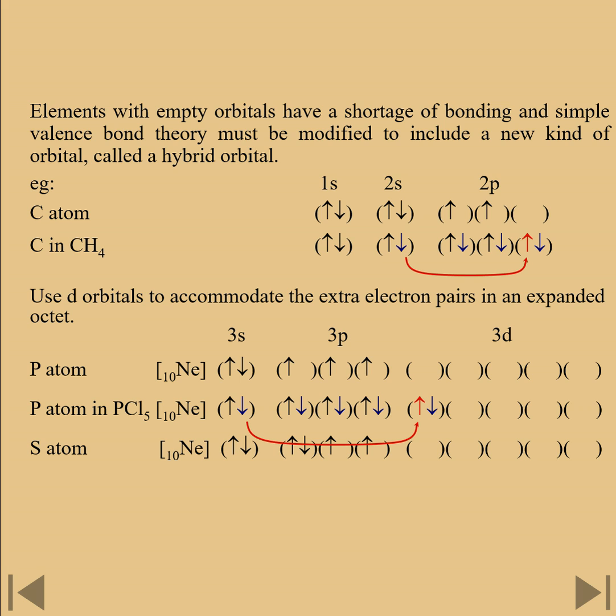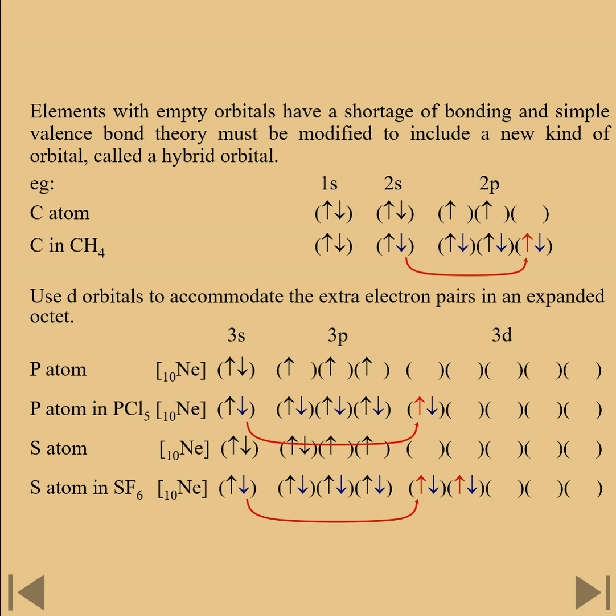Okay, let's look at the sulfur atom. There's the orbital box diagram for the sulfur atom. We see the 2 unshared pairs in the 3p, so we already are thinking it wants to form 2 bonds. But we've seen fluorine force it to open up both of the non-bonding pairs.